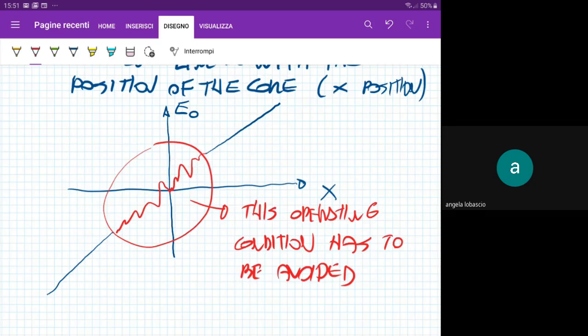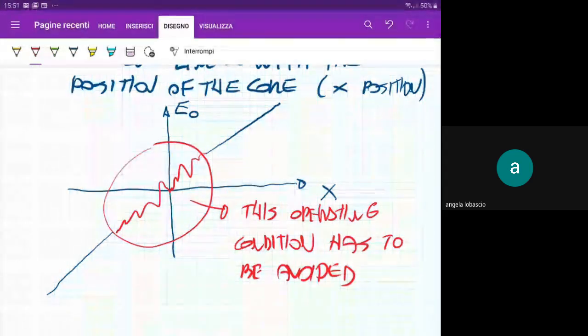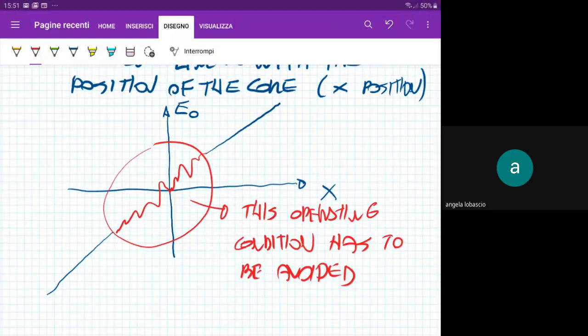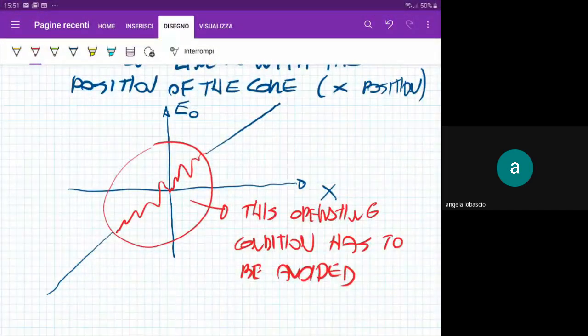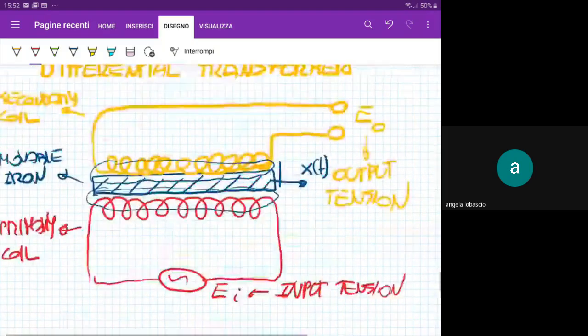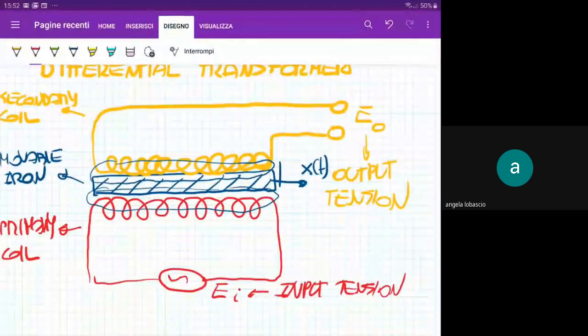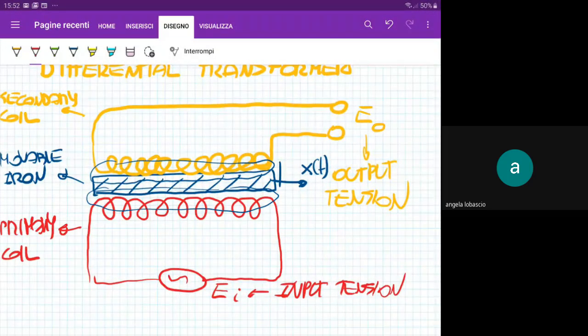There is a sensing part in mechanical contact with your structure, and whatever your structure does, your contact point will do the same, and will change the internal position of the iron core.